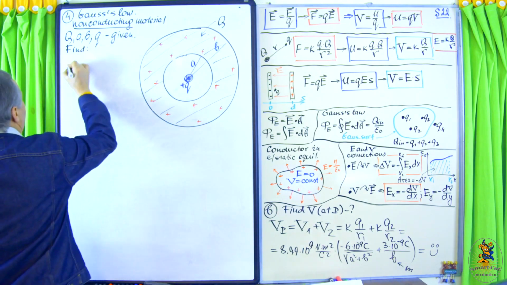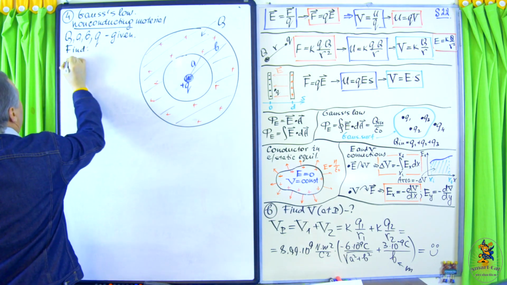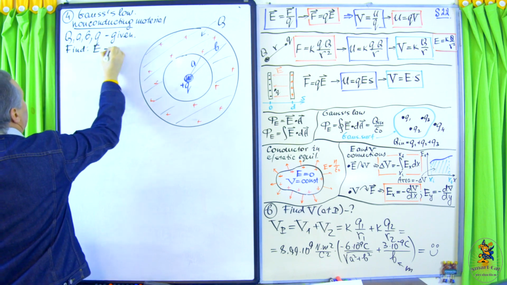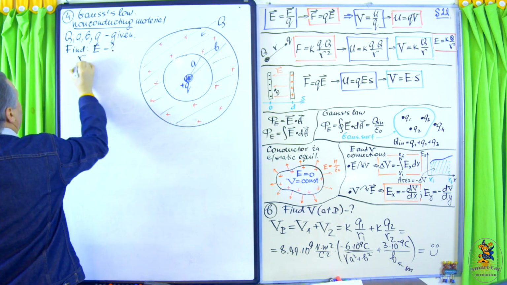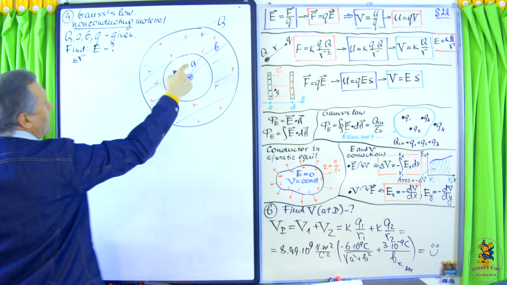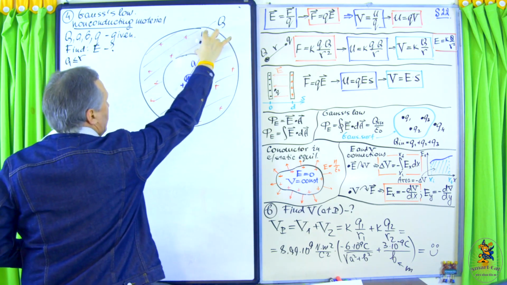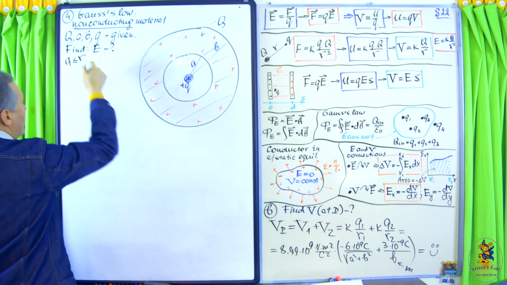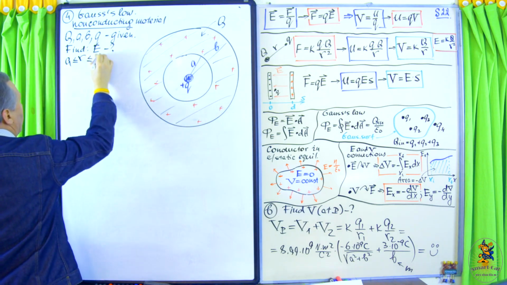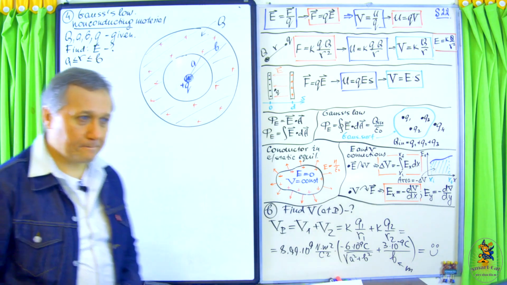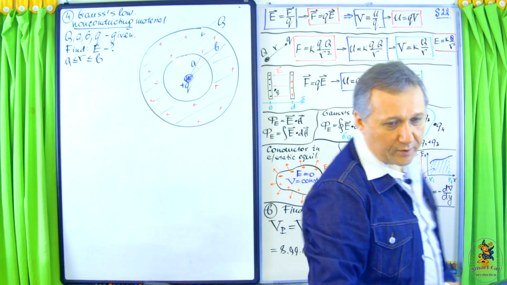So let me write, find E for R larger or equal than A and smaller or equal than B. So pretty much we're interested in the electric field in the spherical shell, inside of that non-conducting material.